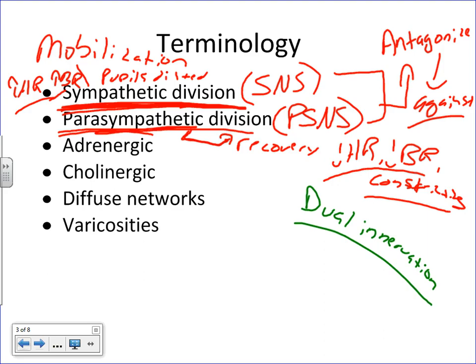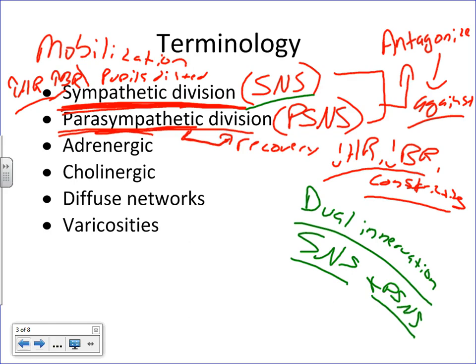What we mean when we say dual innervation is that both the sympathetic nervous system and the parasympathetic nervous system are innervating the exact same organs. It's just that in certain situations, one of these is going to dominate activity over the other. For example, when we're experiencing stress and we need to get out, the sympathetic nervous system is going to take control.